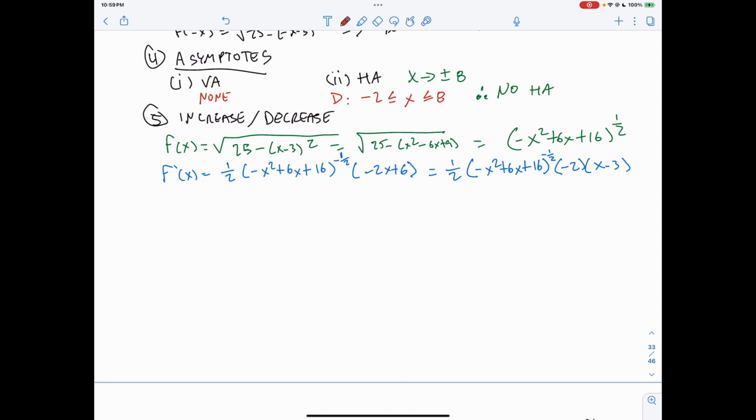And I can cancel out the 1/2 and the 2 there. Which means that I'm going to have negative (x minus 3) all divided by the square root of negative x squared plus 6x plus 16.